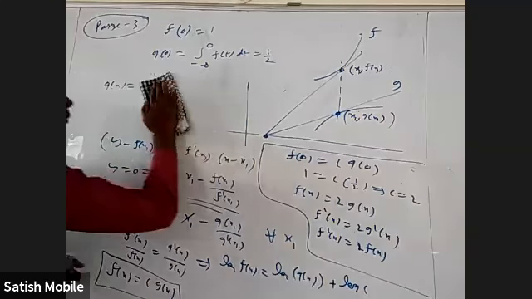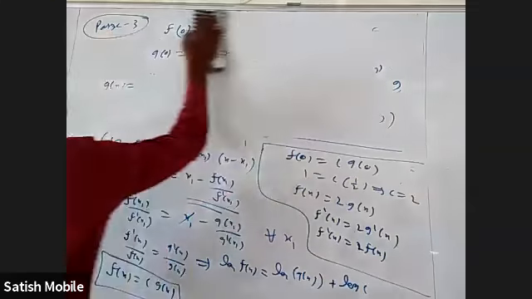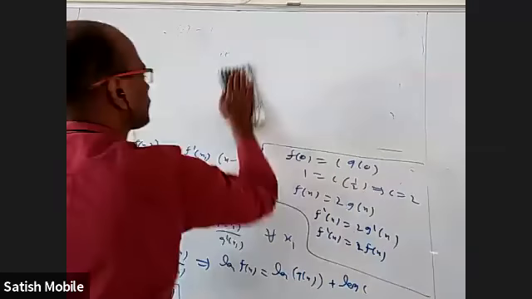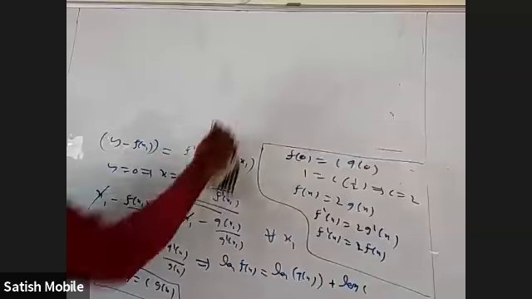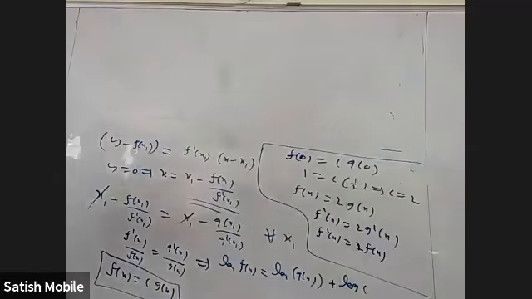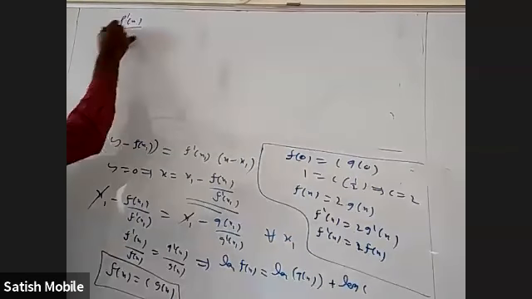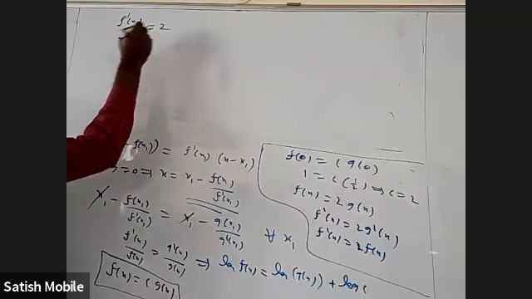Okay, some part I can erase now. Now I'm continuing from there. f dash x by f of x is equal to 2.